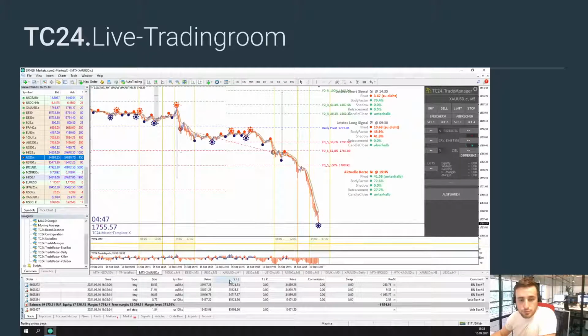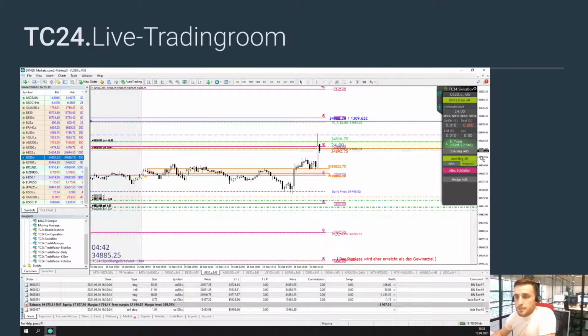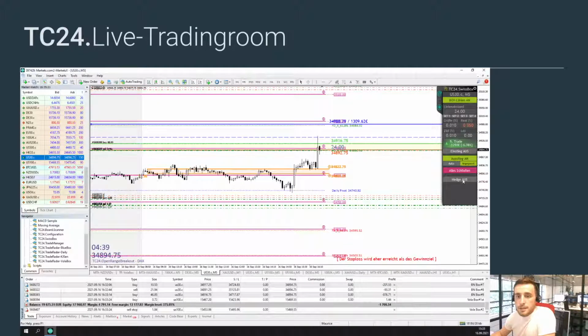So gold is just crazy. Bit of a shame we didn't manage to get in on that movement. Markets are extremely volatile at the moment. Very difficult to make a good decision in which direction the market will drop or go.